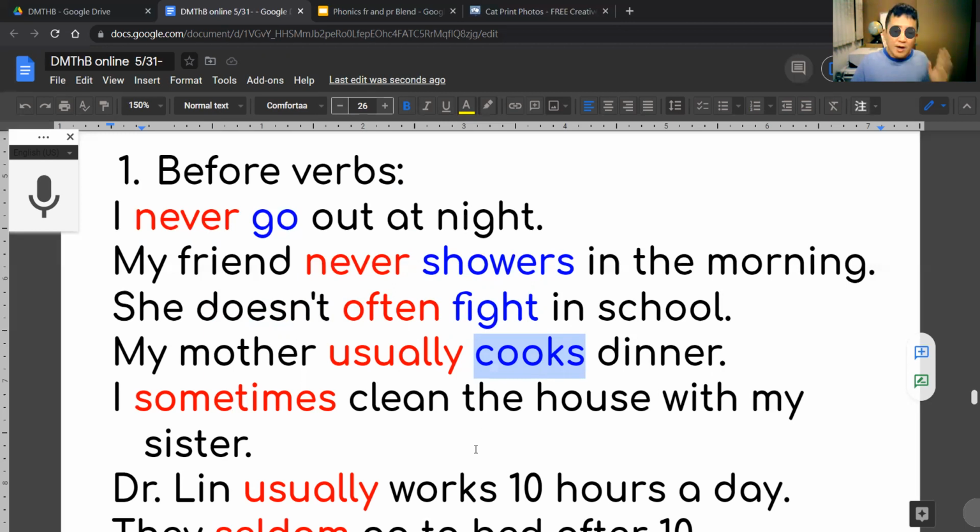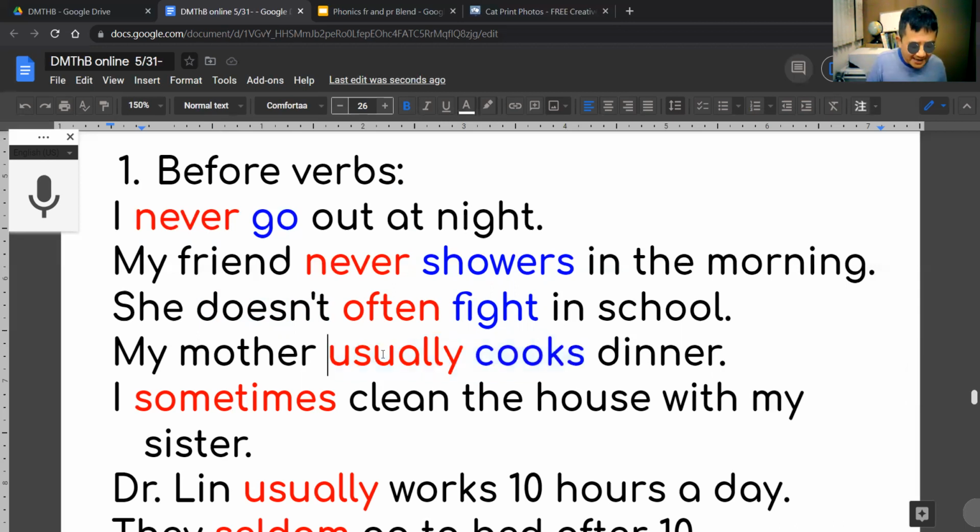What happens when you add don't? When you negate the sentence, same thing. Usually and cook, their relative positions don't change. They go together. You can't break them apart, because the rule says the adverb of frequency goes before cook, the common verb.